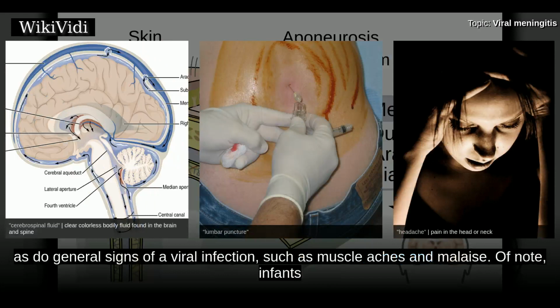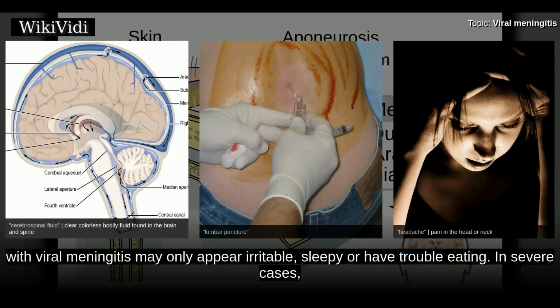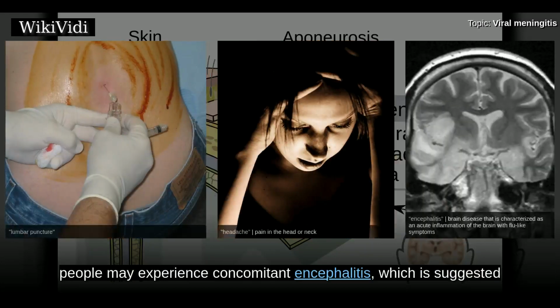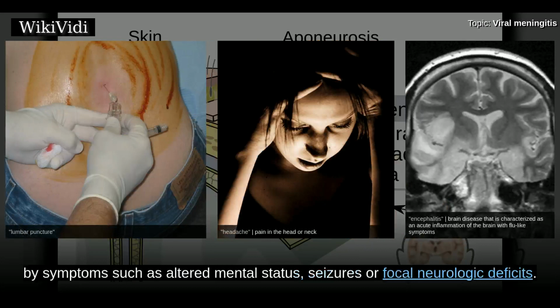Of note, infants with viral meningitis may only appear irritable, sleepy, or have trouble eating. In severe cases, people may experience concomitant encephalitis, which is suggested by symptoms such as altered mental status, seizures, or focal neurologic deficits.